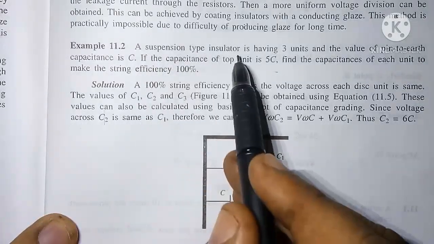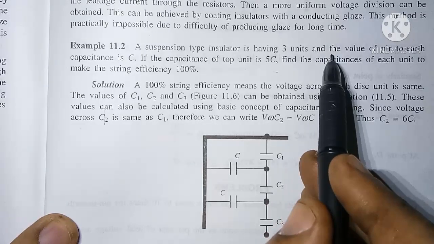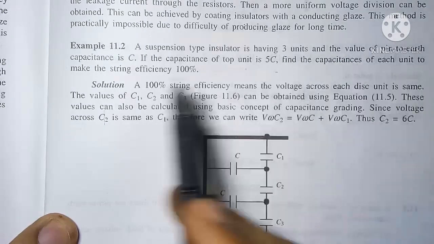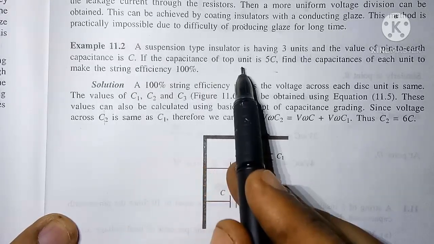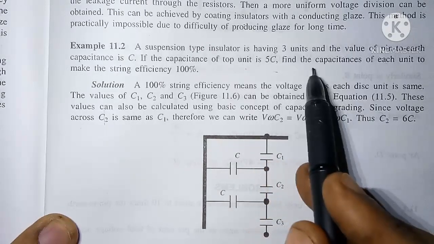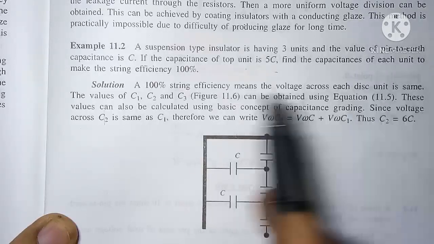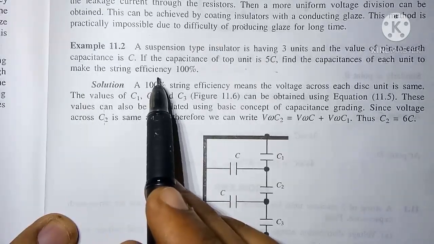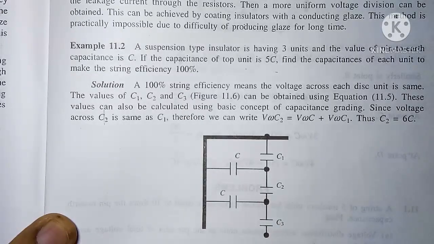A suspension type insulator is having 3 units and the value of pin to earth capacitance is C. If the capacitance of top unit is 5C, find the capacitance of each unit to make the string efficiency 100%.